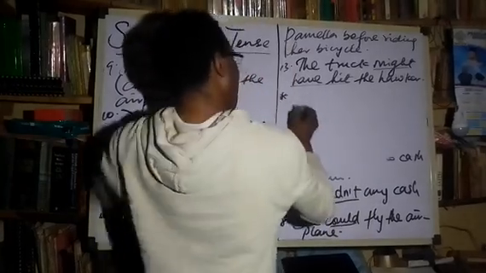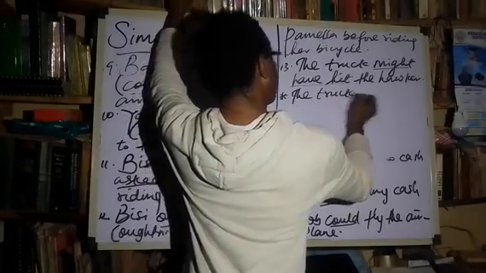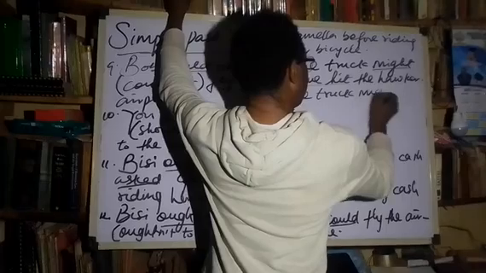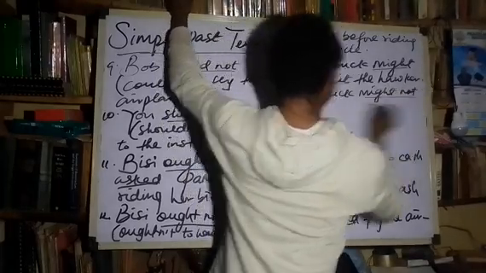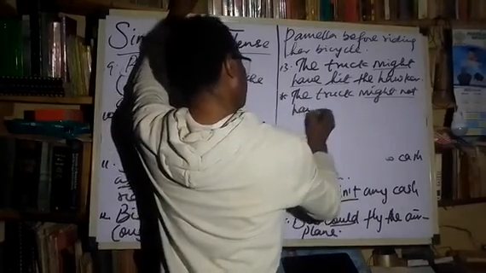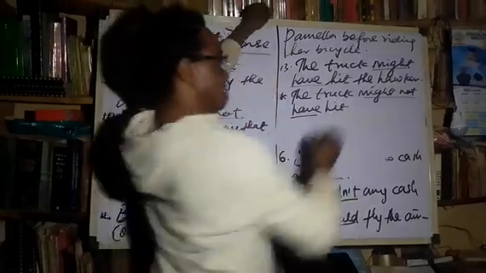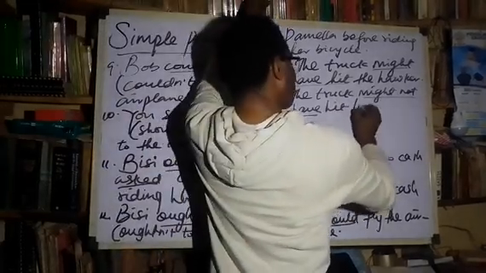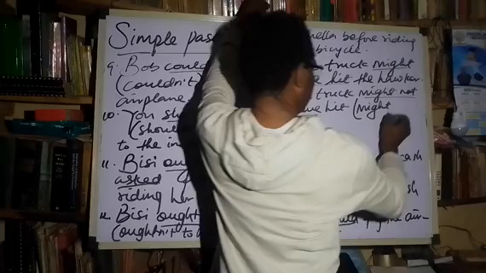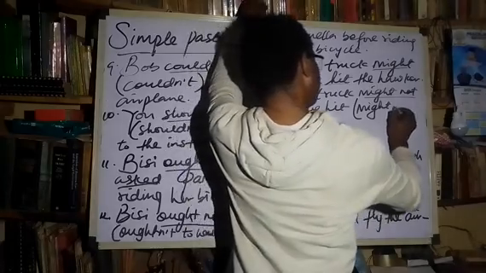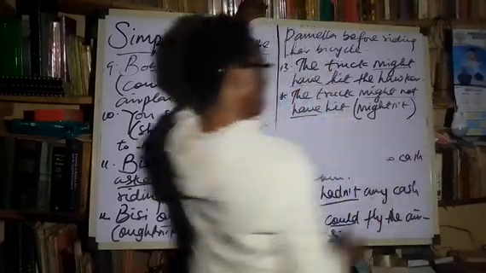So we can now have the truck might not have hit. The short form or contraction of might not is mightn't.